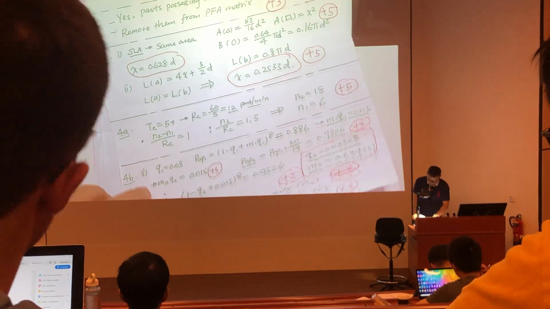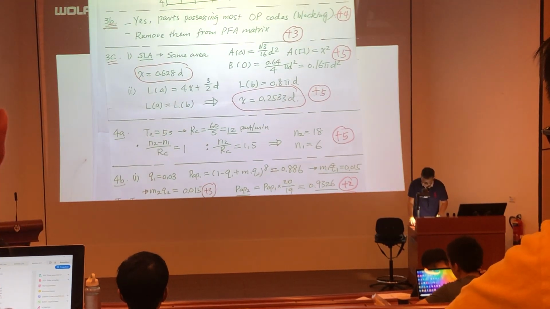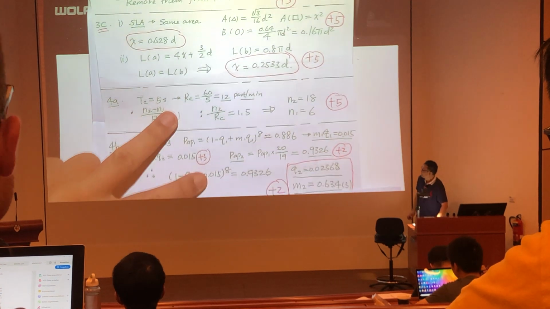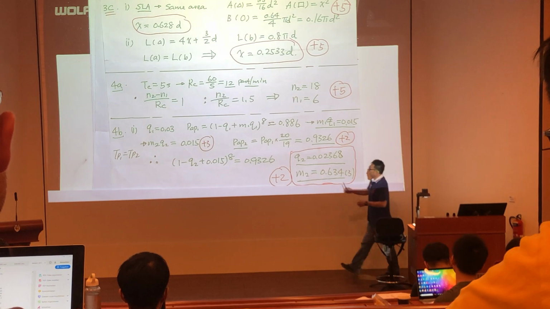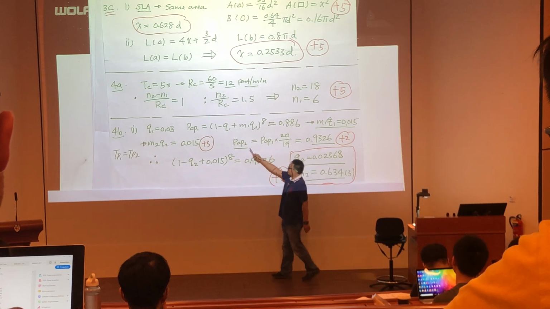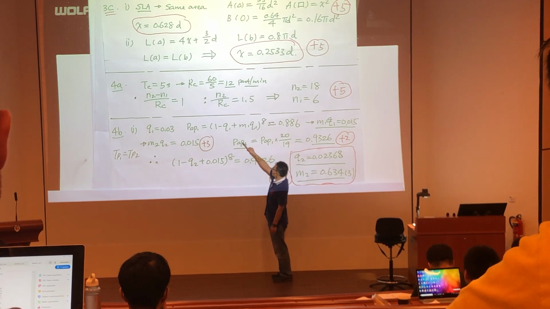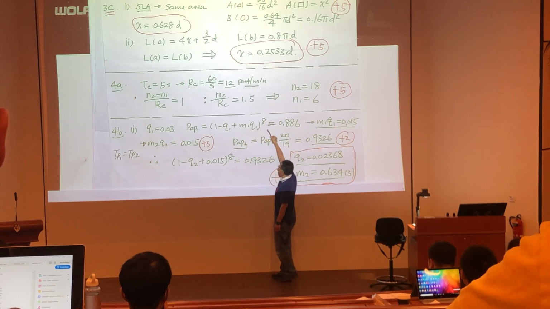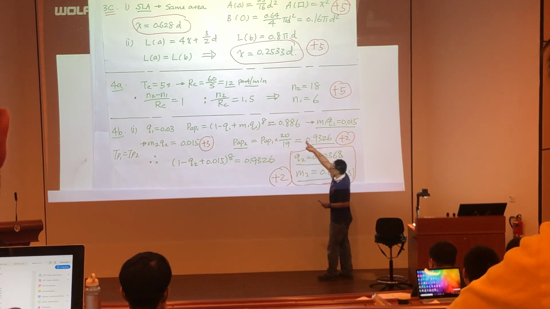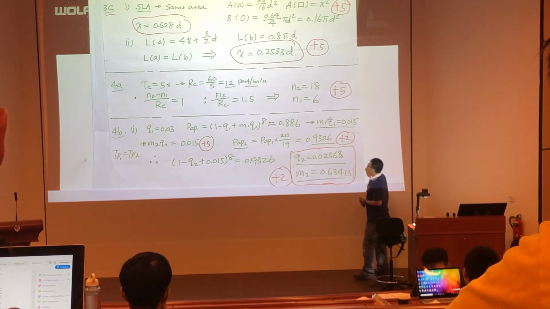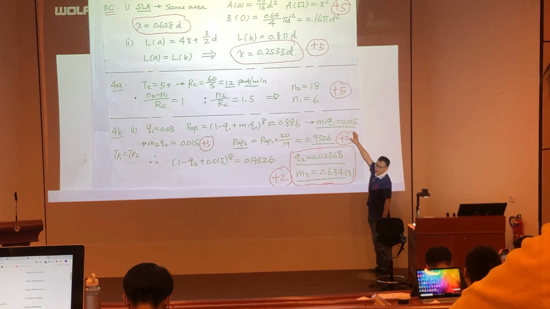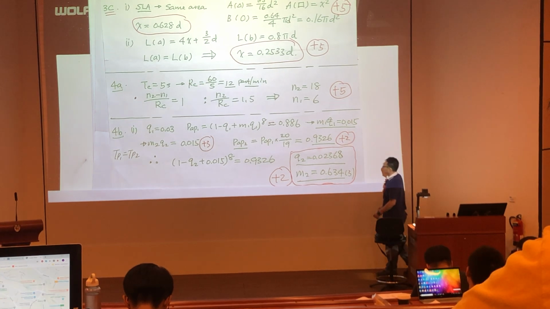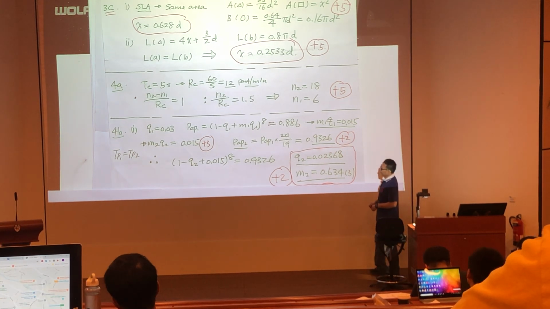Let me show you the results. Q1 equals 0.03, and PEP1 equals this to the power of 8, which equals 0.86. From that, you don't need to go for M1; you just obtain M1Q1, 0.0015, so this one is unchanged.